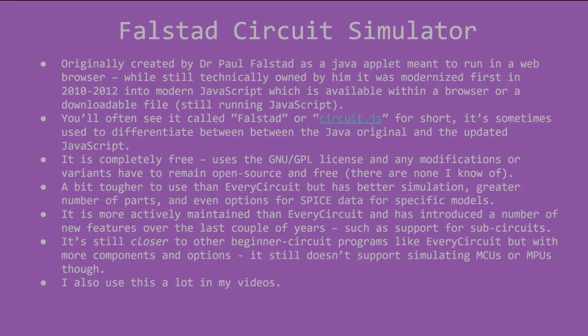The next one I'm going to mention is Falstad Circuit Simulator, which is sometimes shortened to Falstad or just called Circuit.js. It was originally created by Dr. Paul Falstad as a Java applet meant to run in a web browser. He technically still owns it, but it's been modernized, which I think began somewhere between 2010 and 2012, so that it now runs on JavaScript and runs easily on modern browsers.